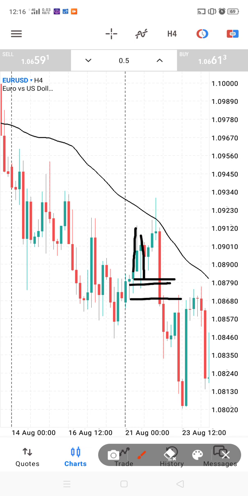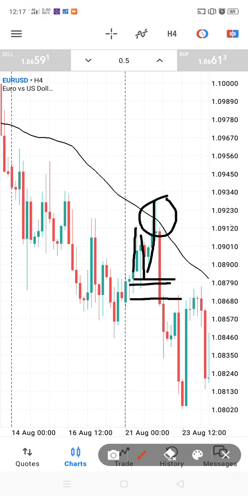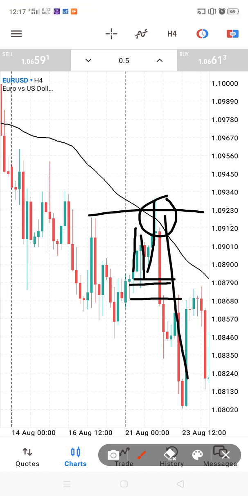Our stop loss is here, and it goes up quickly to hit the moving average zone. Here probably a liquidity grab happened, took out these highs right here, and then continued lower after that.